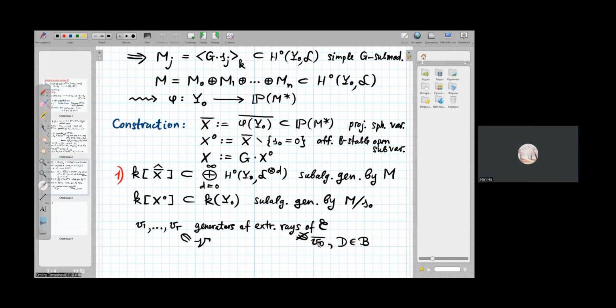If it does not contain these vectors, then it has to contain vectors from the evaluation cone V, because there are no other generators. Some of the extremal rays contain these vectors, and the remaining extremal rays have to contain vectors from the evaluation cone, which are among the generators of C. Okay?